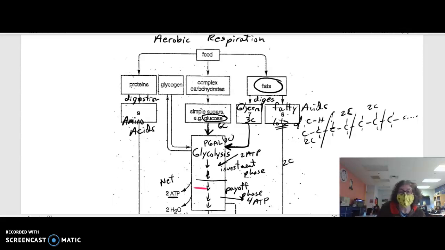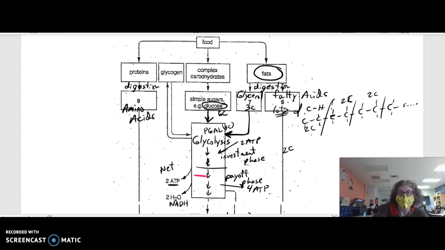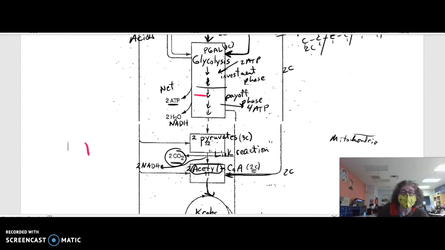If you cut them into their component parts, this is what you get. So with the amino acids, remember, amino acids can differ. There's 20 different kinds of them. And they all have different R groups. And if the R group has 3 carbons on it, a 3-carbon R group could be converted into a pyruvate, which also has 3 carbons.